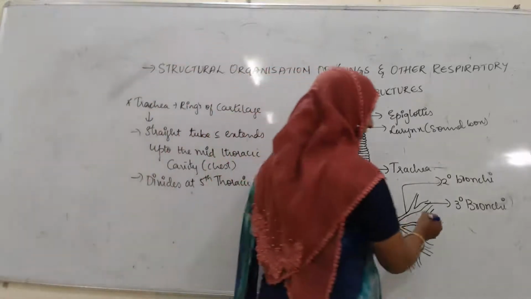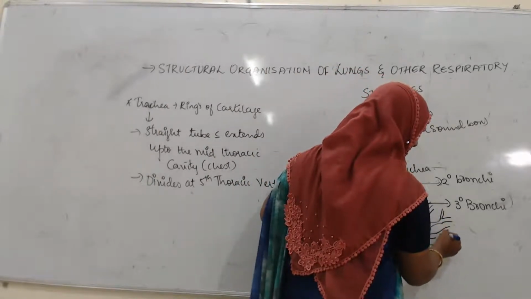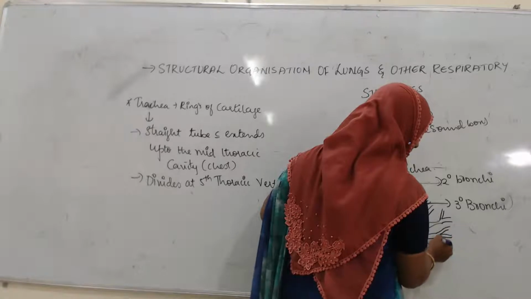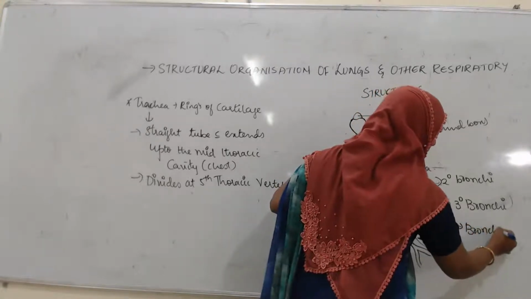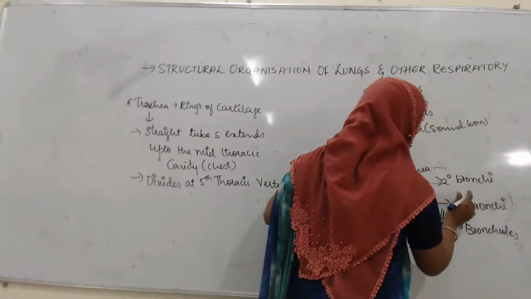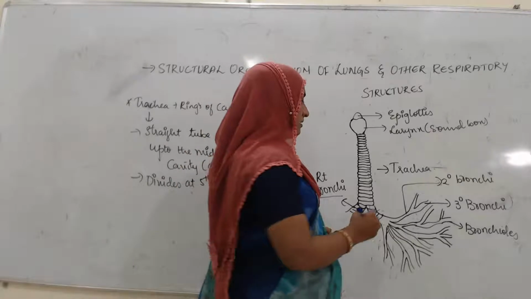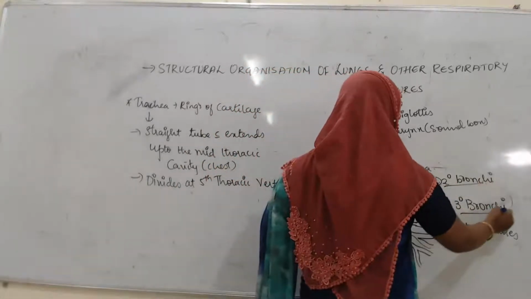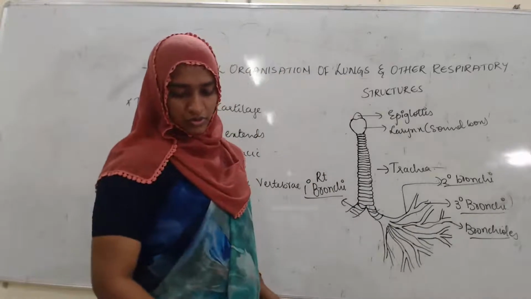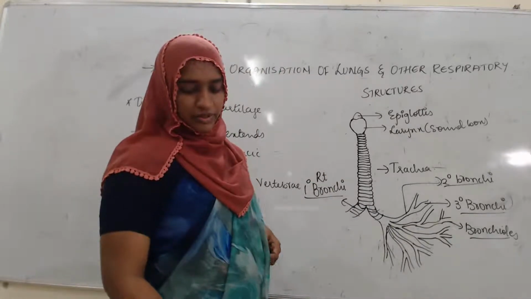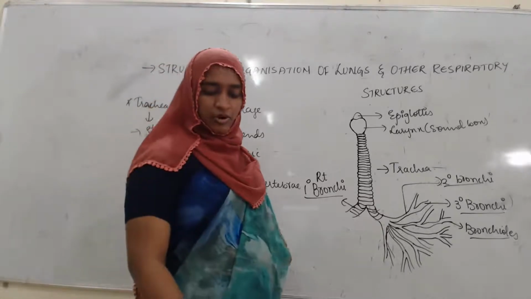Lastly, it is going to end up in the bronchioles. First the primary bronchi form, then secondary, then tertiary, then finally the bronchioles, which end up as very thin terminal bronchioles.